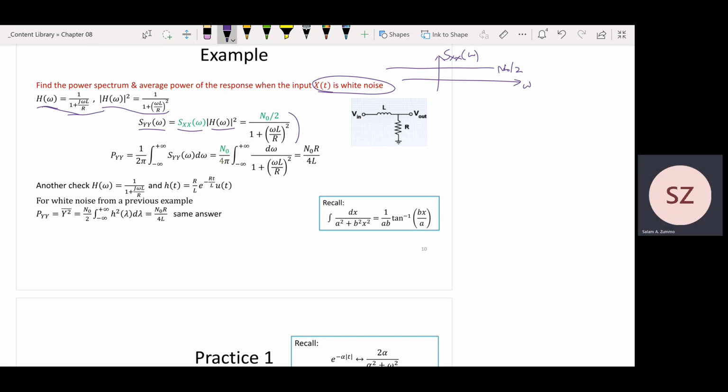To calculate the average power at the output, we integrate the output PSD from minus infinity to infinity, which gives us N0 R divided by 4. This is what we have done in 207, except that the input is random; the rest is the same. You need to find the transfer function, take the magnitude squared, and multiply the input PSD by it.